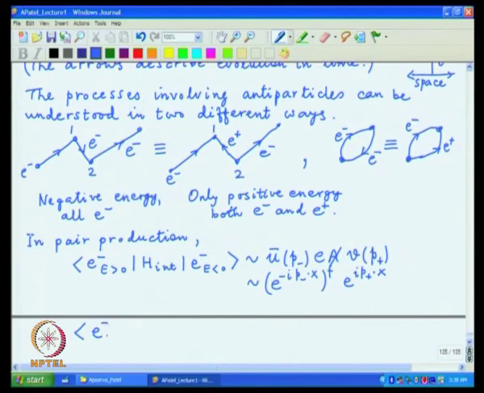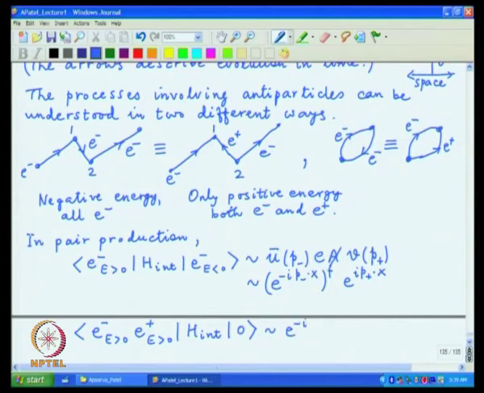So, now you have an electron in the final state with a positive energy, as well as a positron in the final state with a positive energy, with interaction and produced from the vacuum. The behavior of this is now both particles of positive energy are there in the final state.